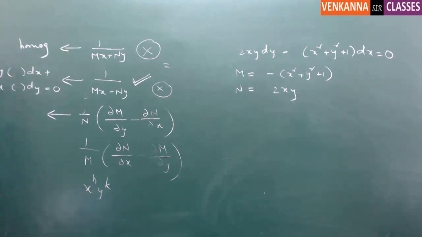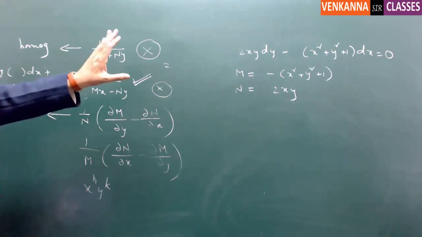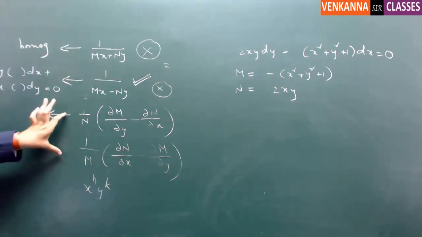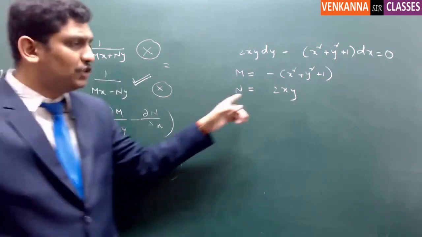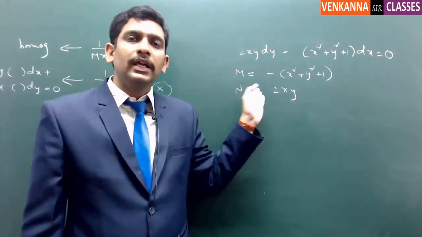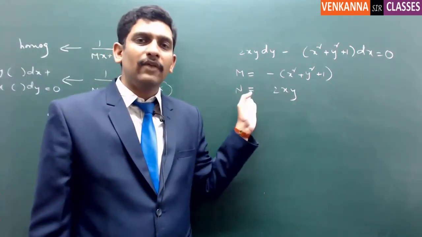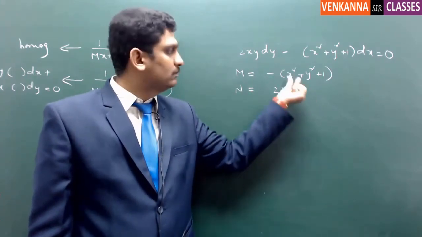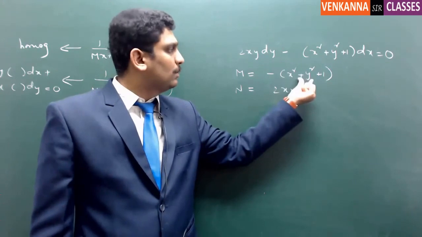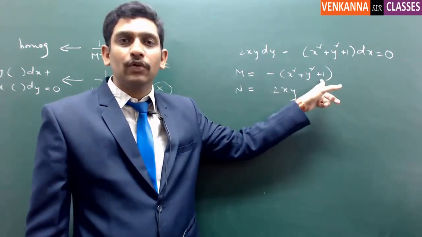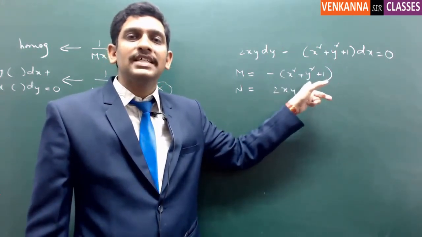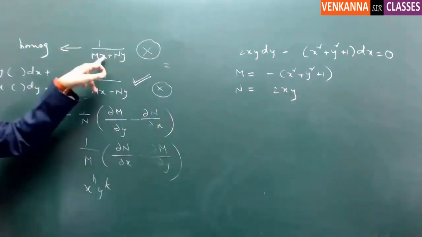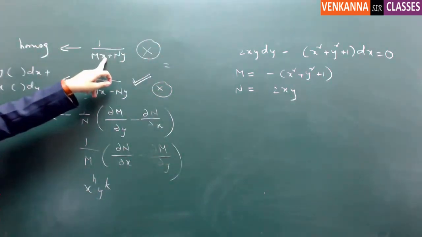Now see, if the same problem is given in the exam, which formula is most applicable there? First of all, you check whether each term possesses equal power or not. Here the power is 2, power 2, power 2, here power is 0. So the homogeneous criteria is failed here. So the first formula is not applicable.